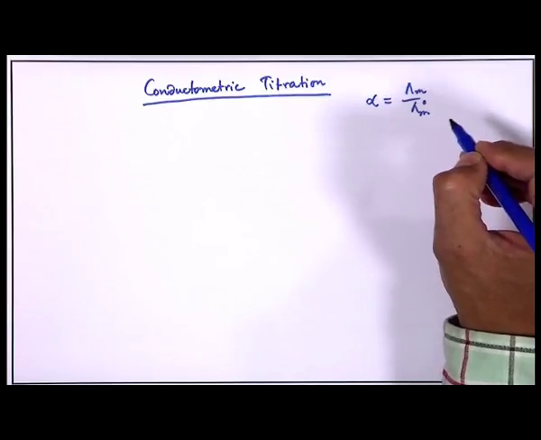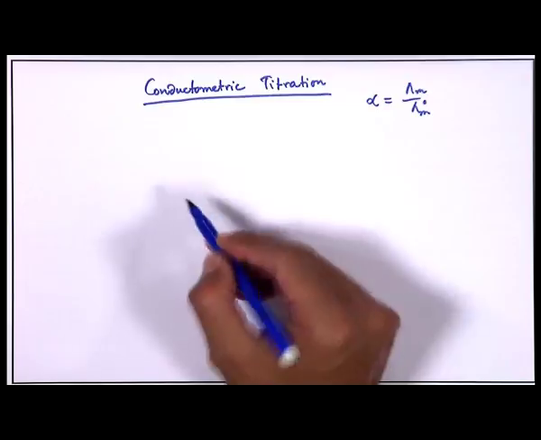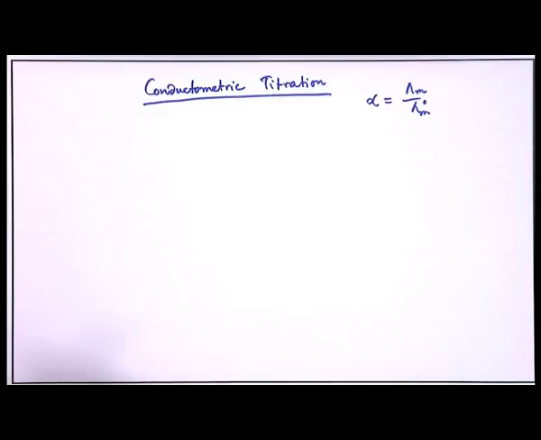Now, in a regular indicator titration, you add titer with a burette to a definite aliquot pipetted into a beaker or conical flask, add some indicator, and note how much has been added.